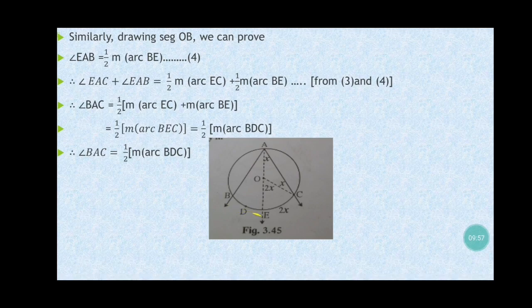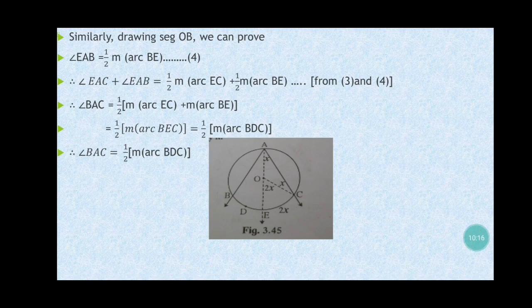What is measure arc BE plus EC? That is measure arc BDC. Fine. So angle BAC is equal to half the measure of arc BDC. We are done with our proof.